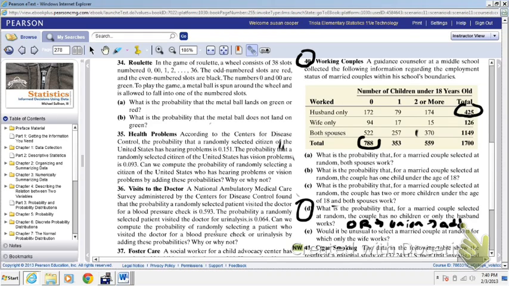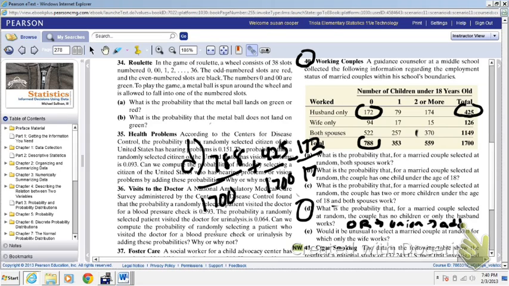So in terms of using a rule for part D, what I personally would do is take 788 out of 1700, plus the 425 out of 1700, but then the overlap, what about the husbands, that only the husbands worked? Basically, what about these 172 that you counted twice? So, okay, minus 172 out of 1700.